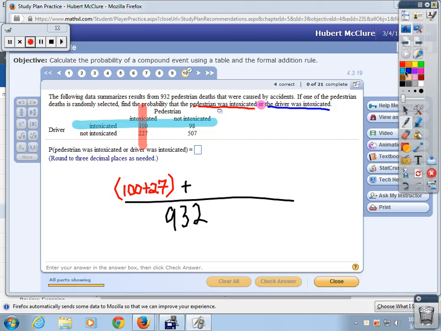And we add our blue, which is 100 plus 98. And we subtract what? The overlap. And we'll make the overlap a little orange or something. There's the overlap, because we can totally see it.